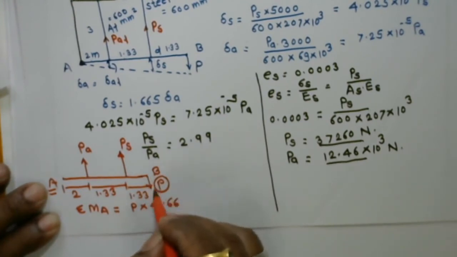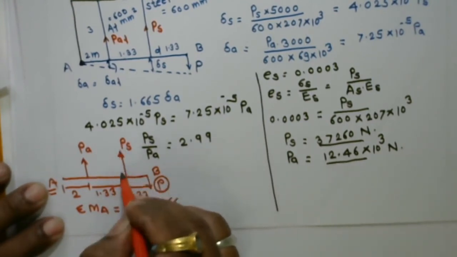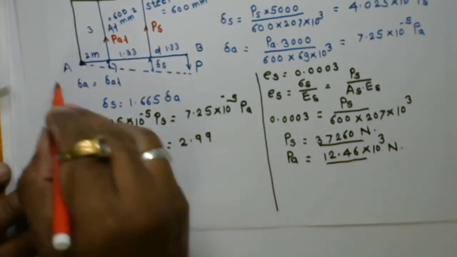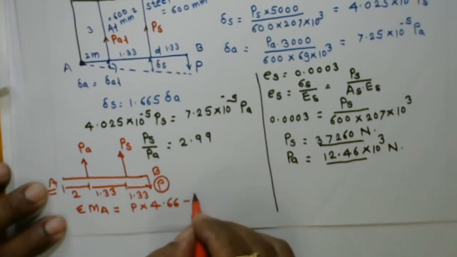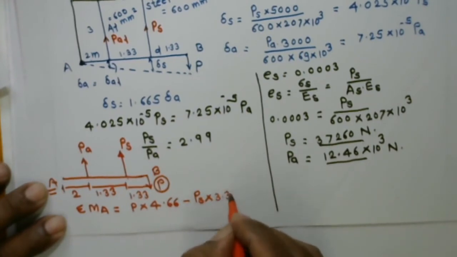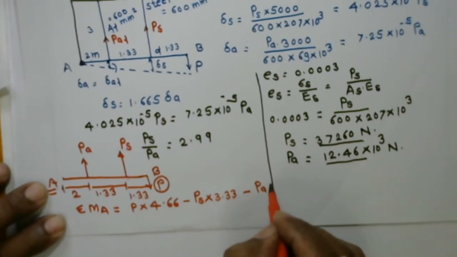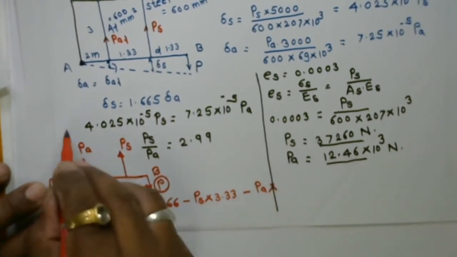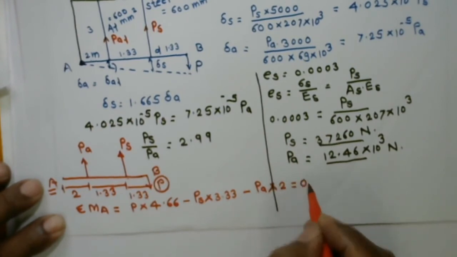Now this moment moves in clockwise direction, whereas the load PS goes in anti-clockwise. So here minus PS into distance up to this point A, 3.33, again minus for the aluminium PA, this also moves in anti-clockwise direction, into 2 is equal to 0.